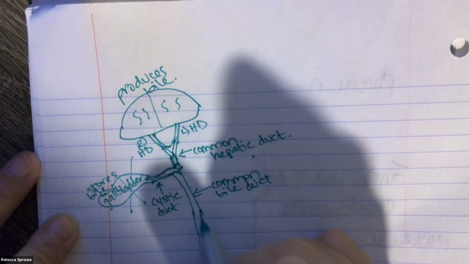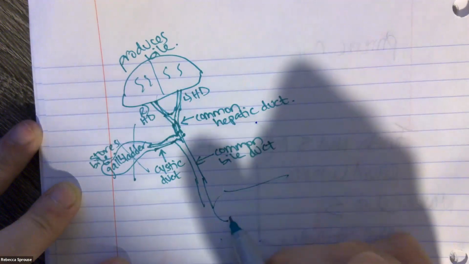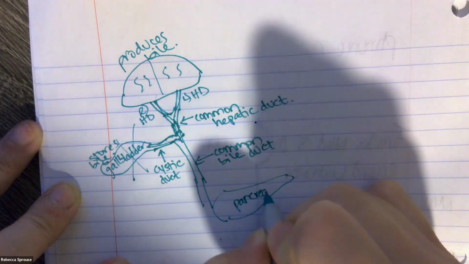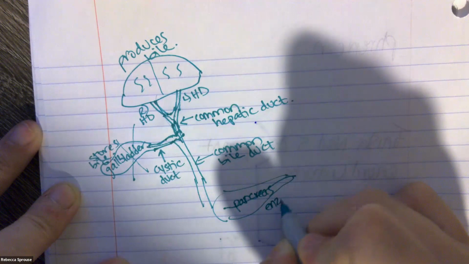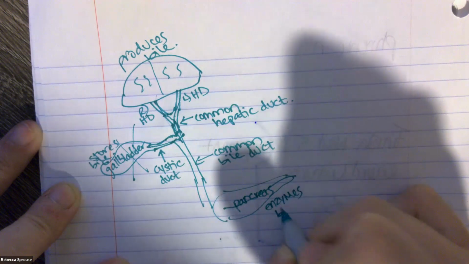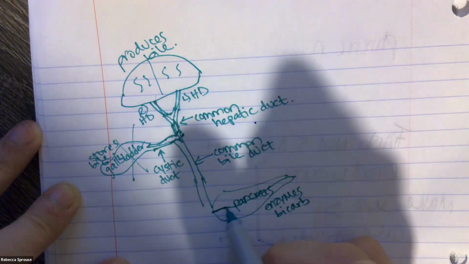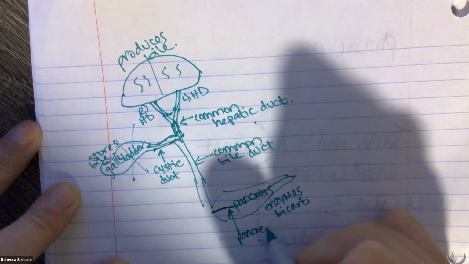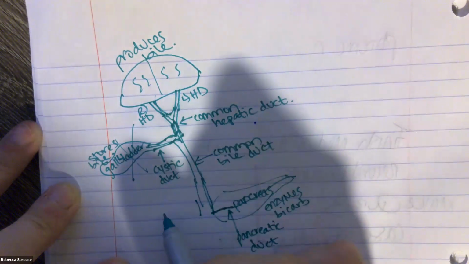Now, that common bile duct is going to come down here. Over here, we have our little pancreas. Remember, our pancreas has a duct coming through it, and it's got a bunch of enzymes in it and bicarb. And that pancreatic duct is going to join up with the common bile duct.